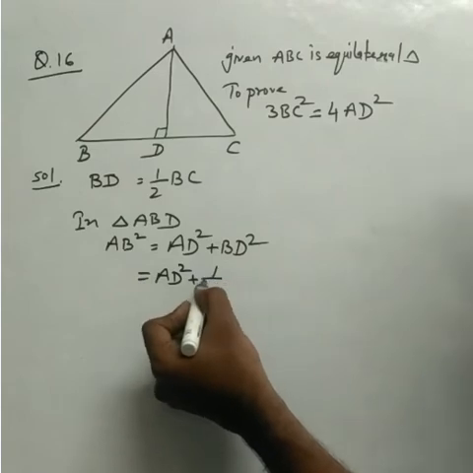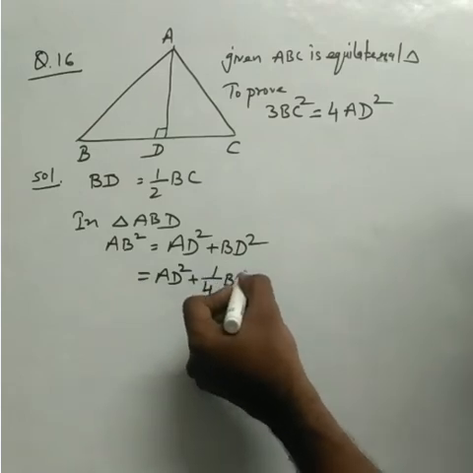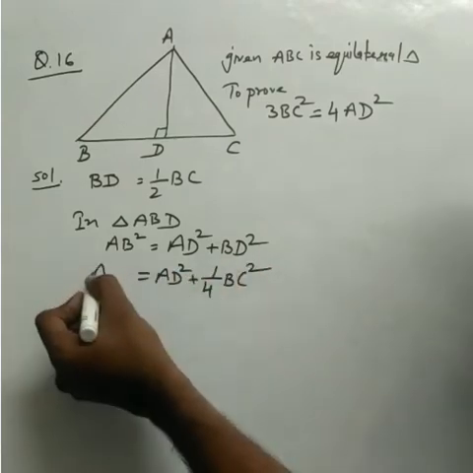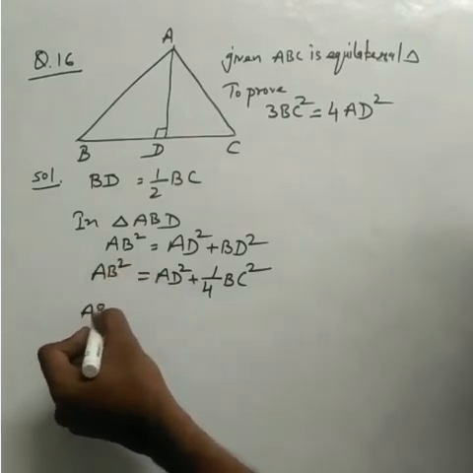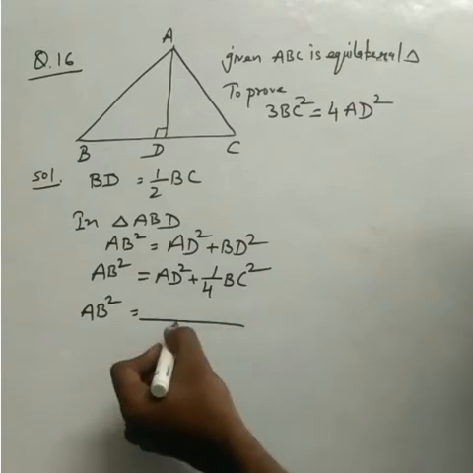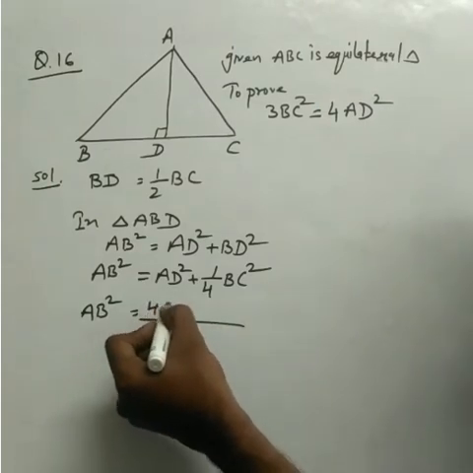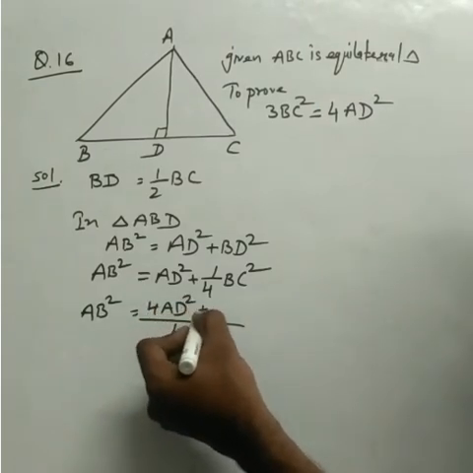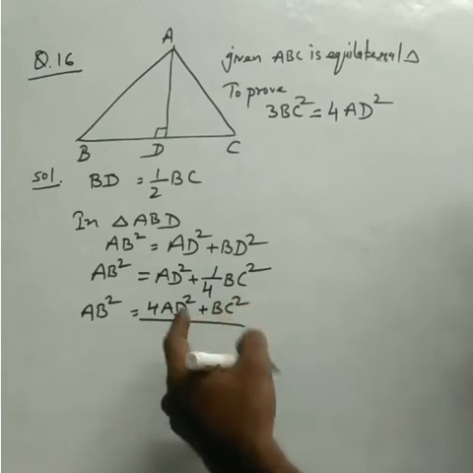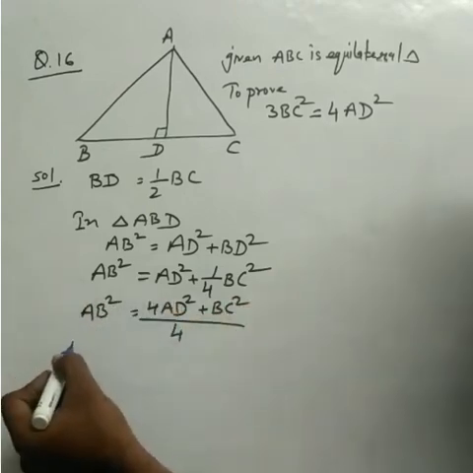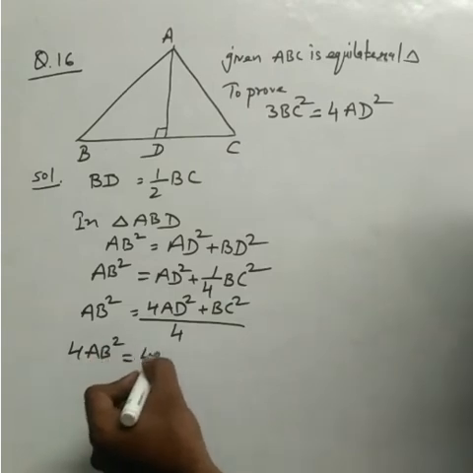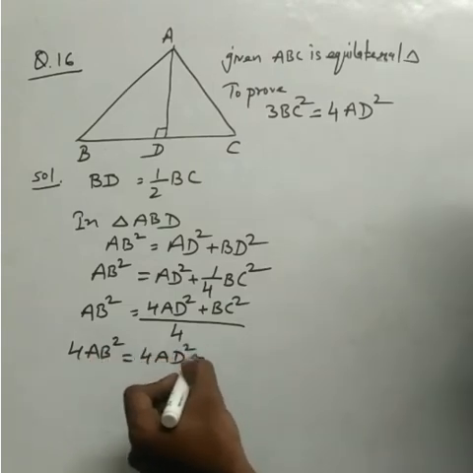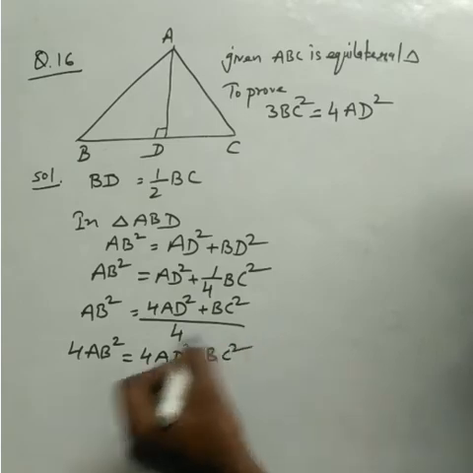The square of this will be 1 upon 4 BC square. Take 4 LCM. 4AB square equals 4AD square plus BC square.